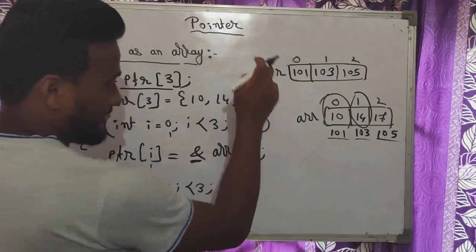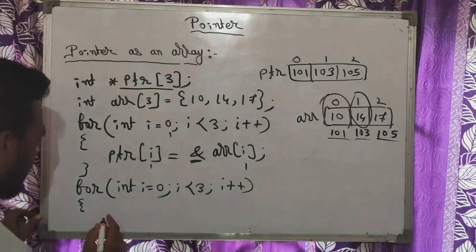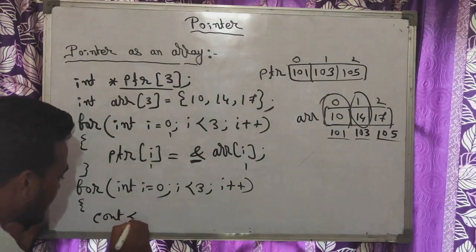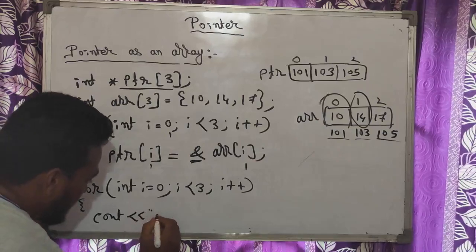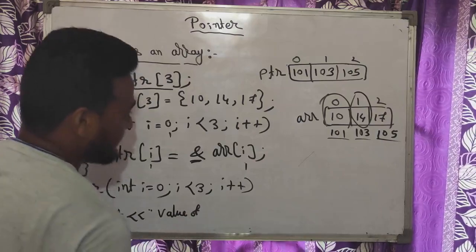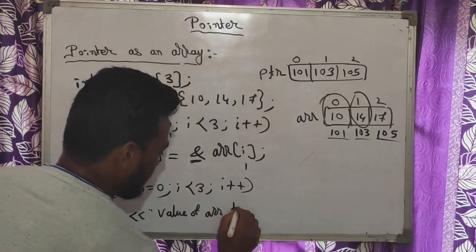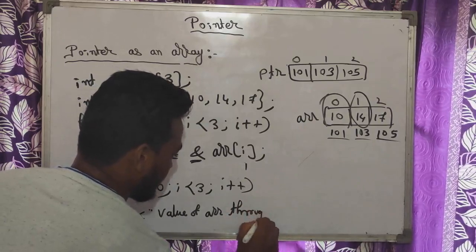But what if you want to display from the pointer's point of view? Then you have to write like this: cout, value of array through pointer.